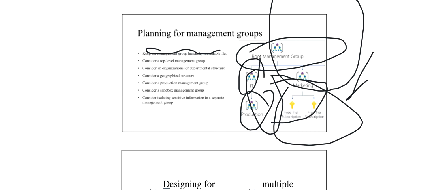Consider a production management group. Maybe I have a production management group and then a test staging management group, with corresponding subscriptions associated with the appropriate management group.